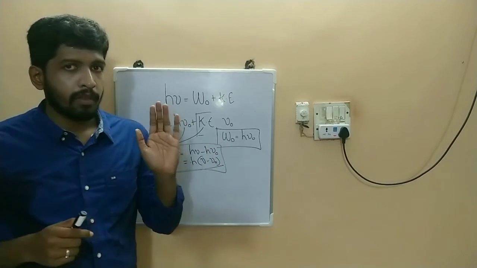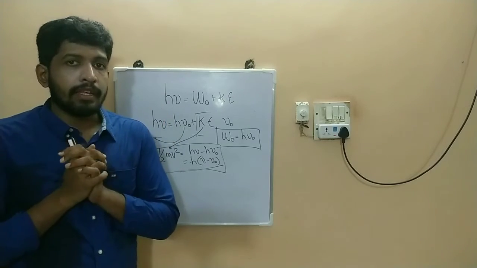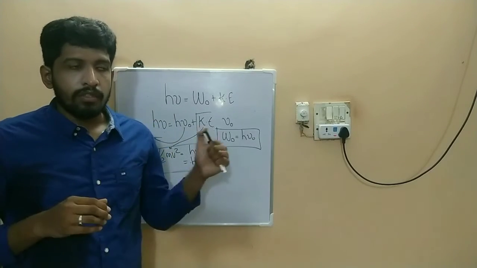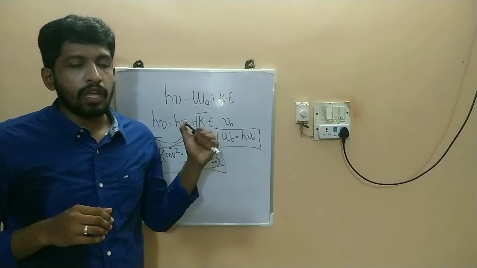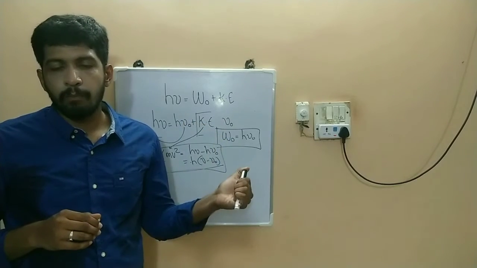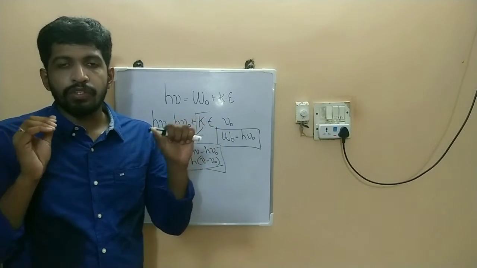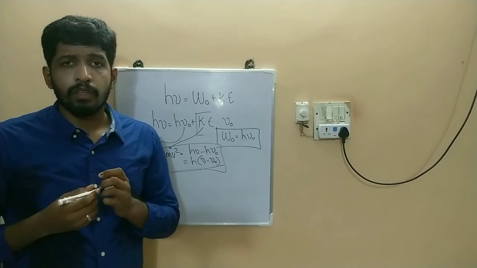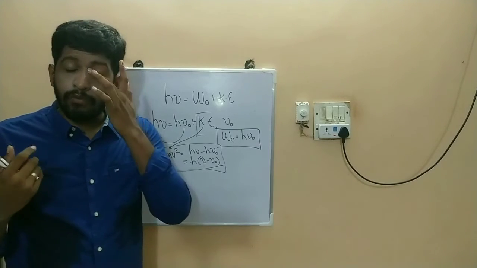All the photons won't transfer the entire h nu to the electrons. This complete transfer of h nu to the electrons is only possible if the collision is almost effective. Sometimes the collision may not be effective.